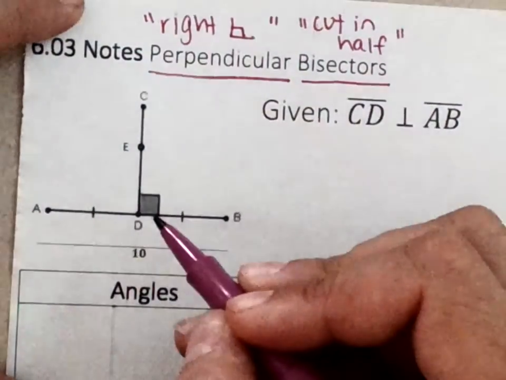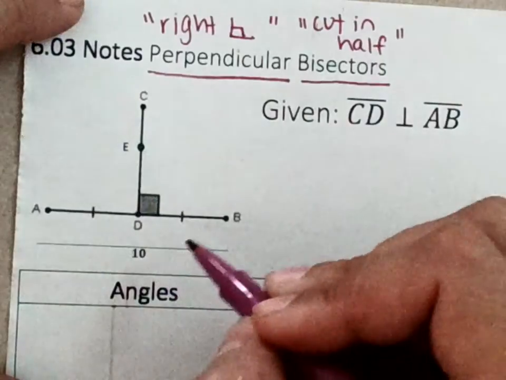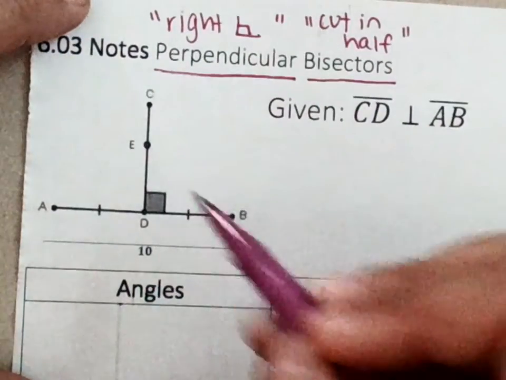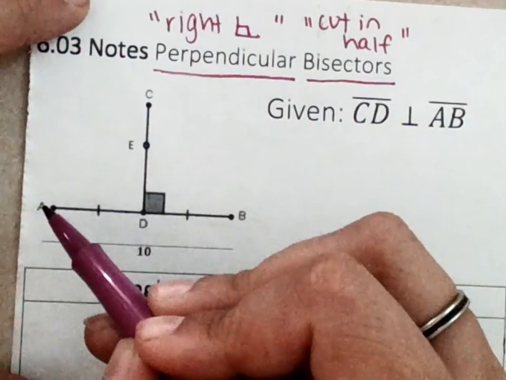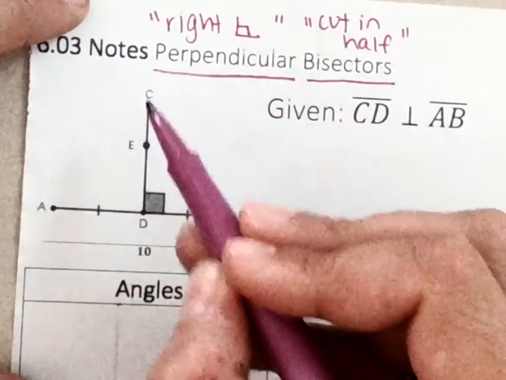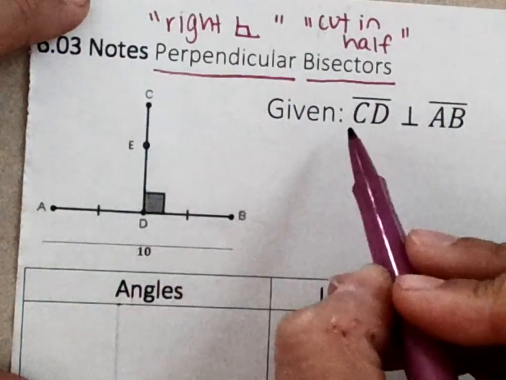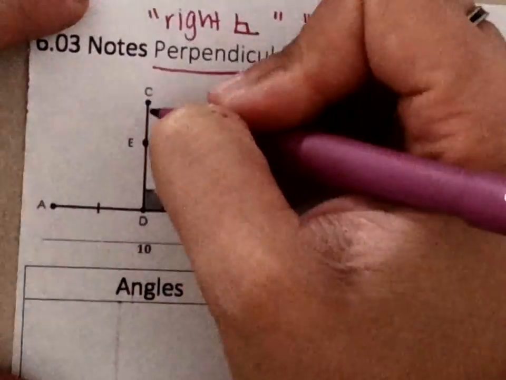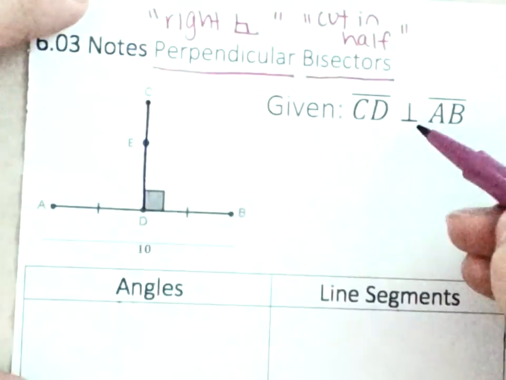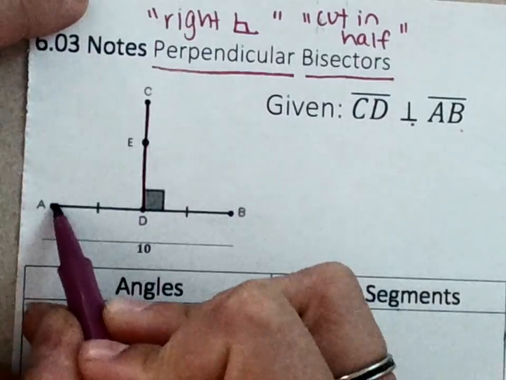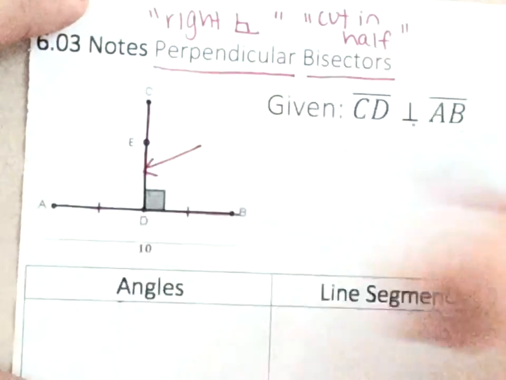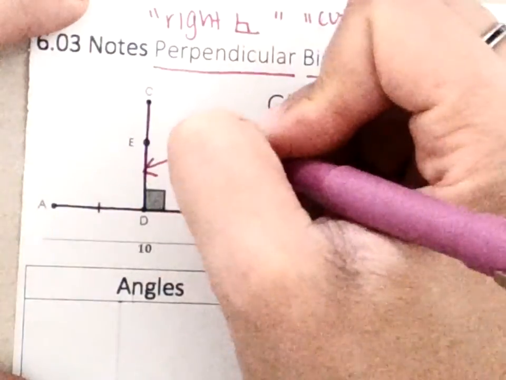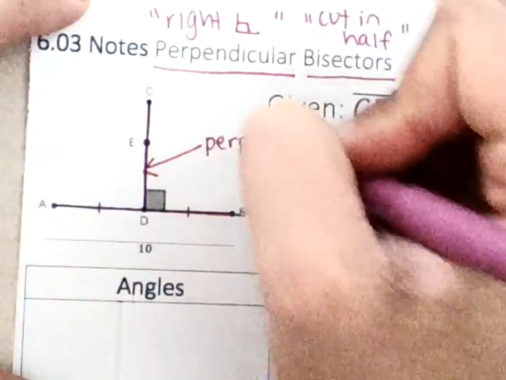So to the left, you will see that we have a picture of a perpendicular bisector. We have line AB and line CD. And in our given, it's saying line CD is perpendicular to AB. Therefore, this is our perpendicular bisector.